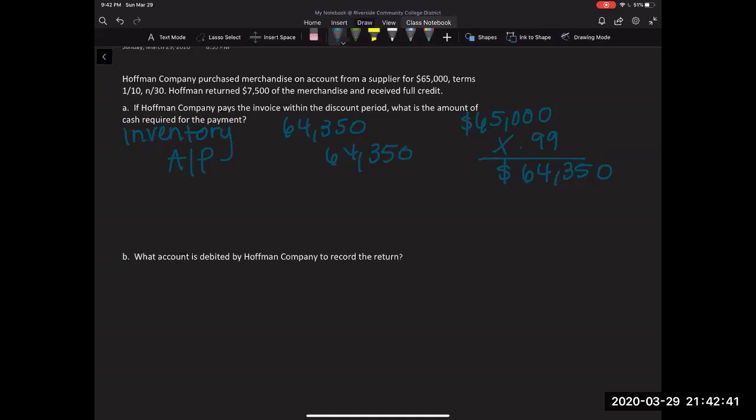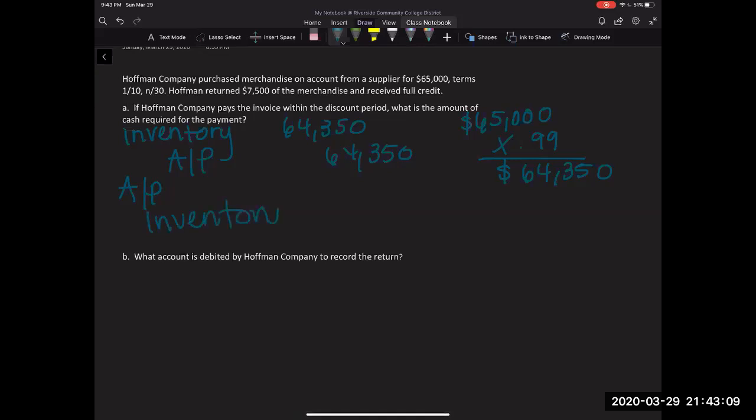Now, Hoffman returned $7,500 of the merchandise and received full credit. If we're going to return some inventory, which means we're no longer going to have it, we are going to do a debit of accounts payable, and then a credit of inventory.